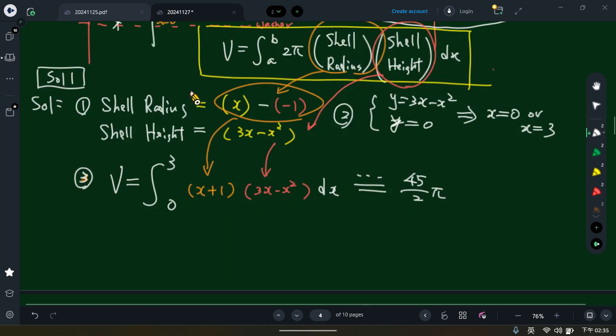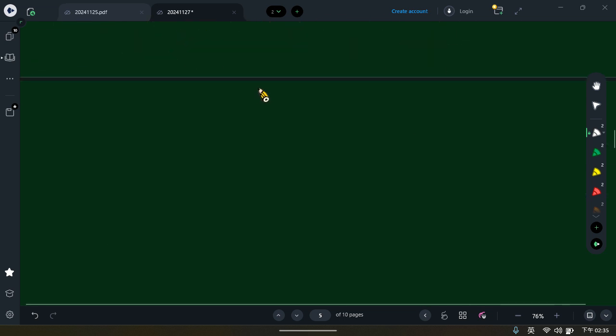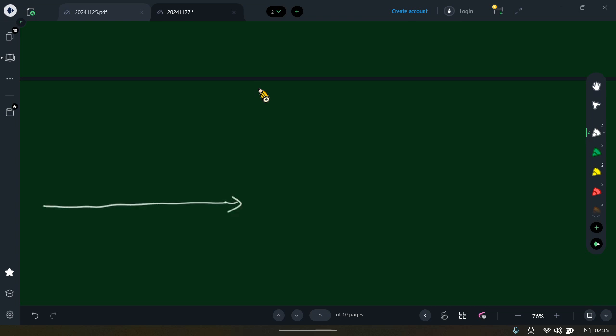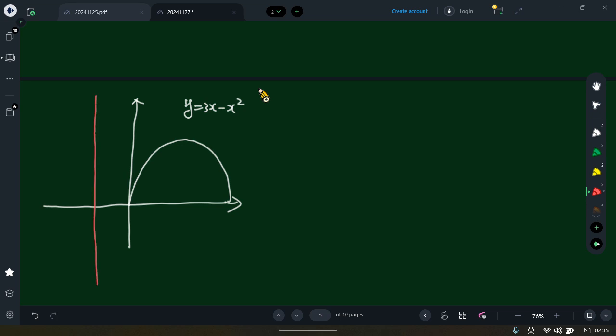The solution 2 is, I will quickly go through that, but we will not spend too much time. So this is still y is equal to 3x minus x squared. Then the rotation axis is x is equal to minus 1.